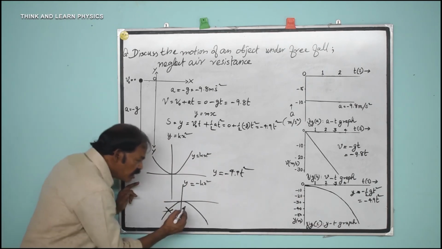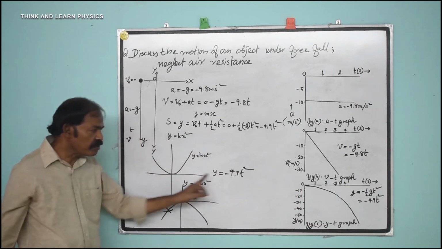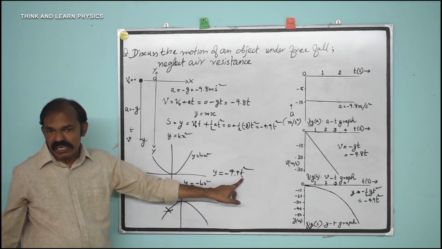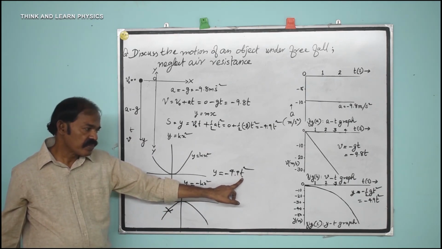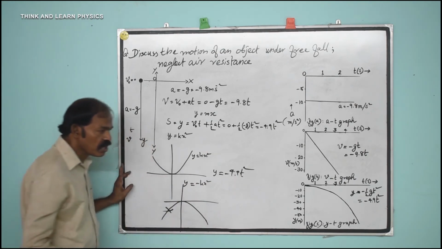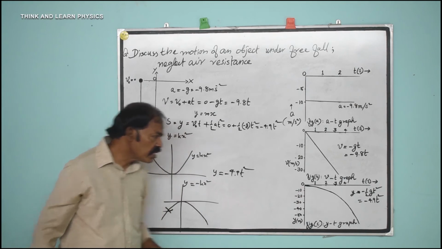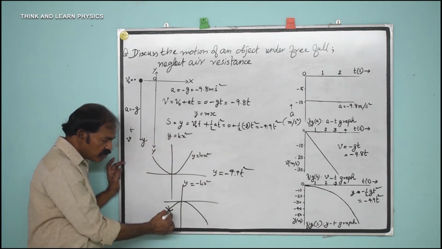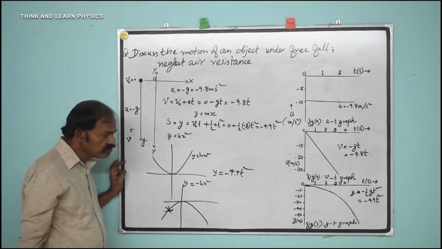That means this portion of the parabola. Since time t takes only positive values, so we get the positive part of the parabola. This portion will be absent.